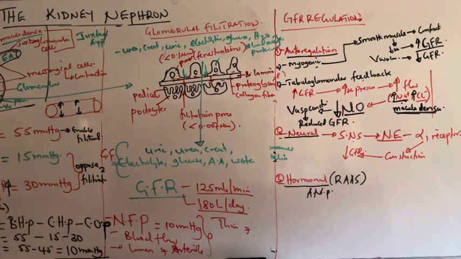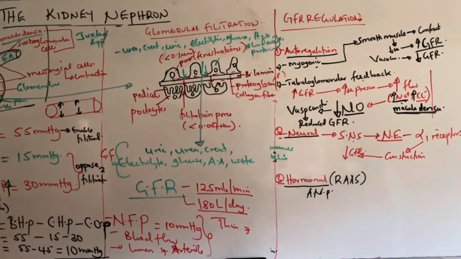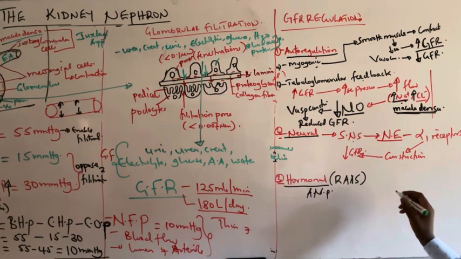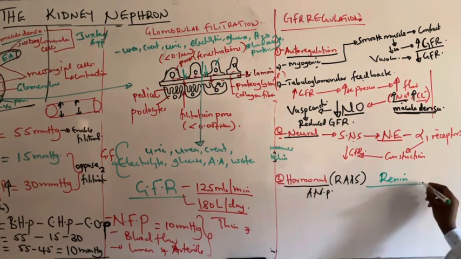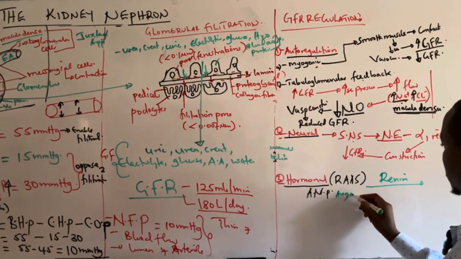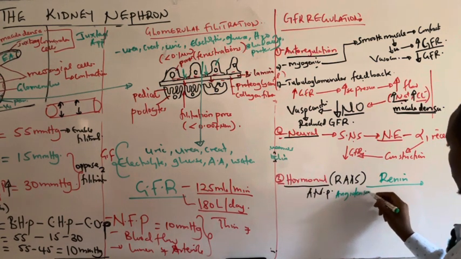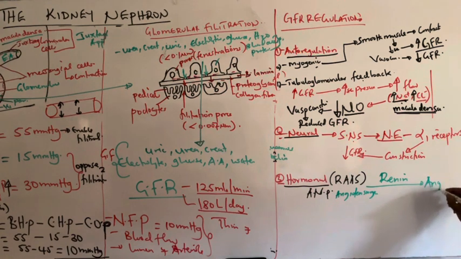Lastly is hormonal regulation. The juxtaglomerular apparatus, which we said is responsible for maintaining pressure of the nephron, produces an enzyme known as renin. This renin is responsible for converting a protein known as angiotensinogen to angiotensin 1.